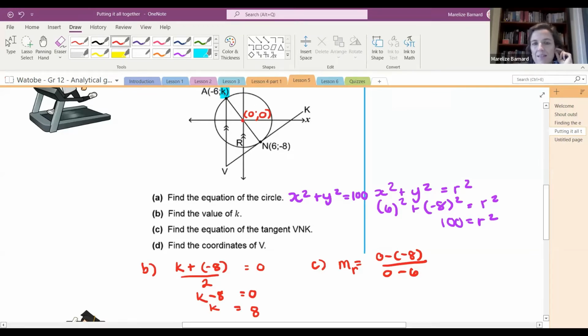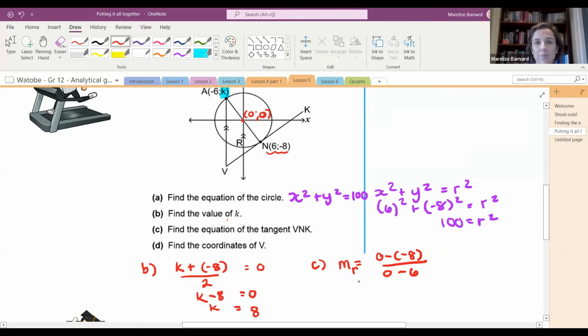So if I take the y coordinate at k and I add the y coordinate at n to it and divide it by 2, I should get 0. It's just a little equation that you make, or you can also do it by inspection. That's fine. And then k minus 8 is 0, so we solve that equation, and then k is 8.